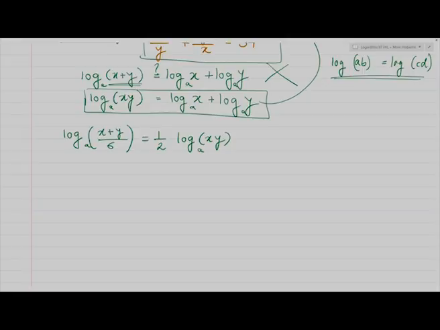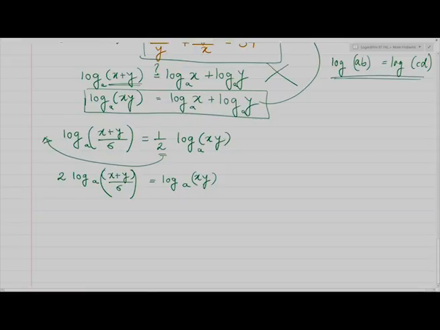Can I further simplify this expression? Yes, I can. This 1 by 2 is creating a problem for me. So, what I will do is I will push this 1 by 2 to this side, and that will make this particular expression as 2 times log to the base a of (x plus y) upon 6, this entire thing is in the brackets, is equal to log to the base a of x into y, correct.